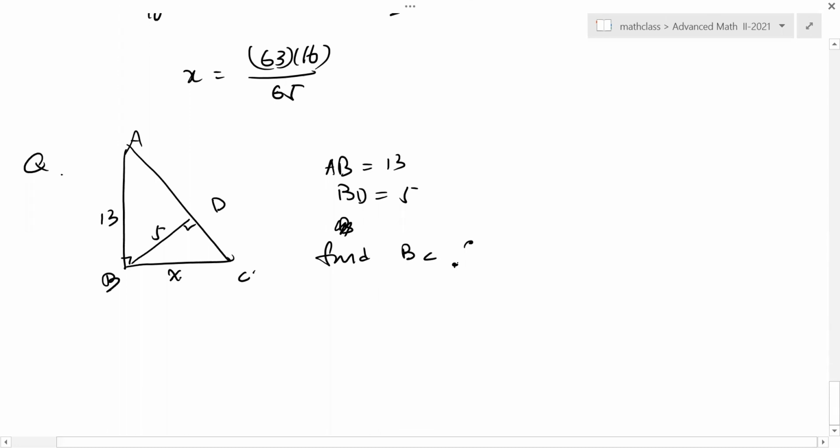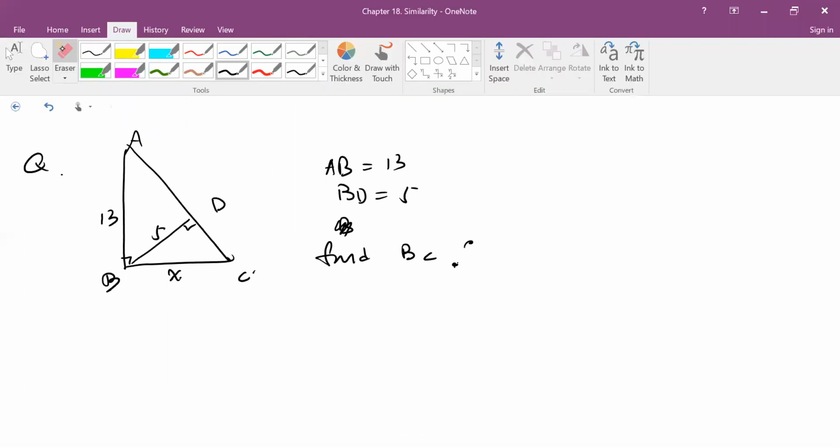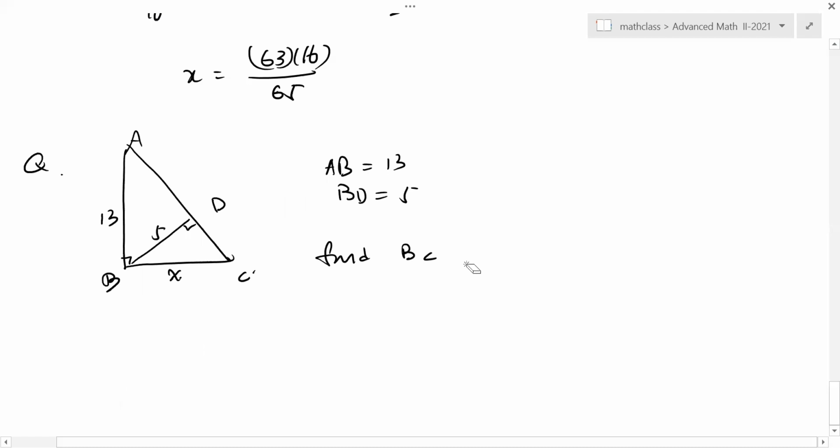Please work on this problem. If you have answers, just post in the chat window directly to me.